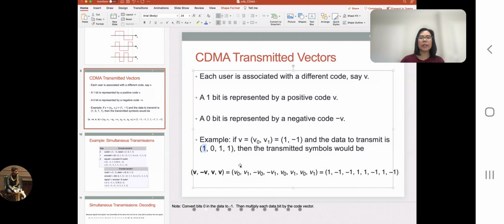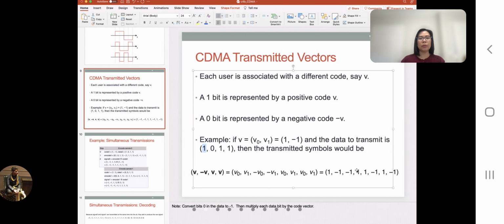And then V again, 1, -1, and V again, 1, -1. So given this code and this original message, this would be the sequence of bits to be transmitted over the air.